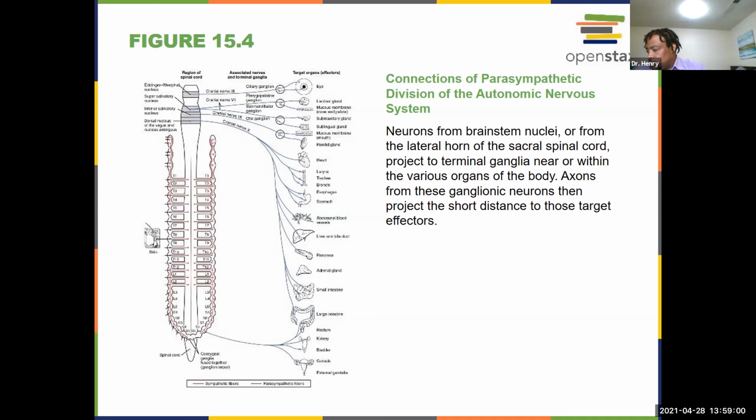And so again, those nerves are going to be responsible for more of that rest and digest when we're not worked up. Where these guys here in the red are going to be responsible for that fight or flight response.